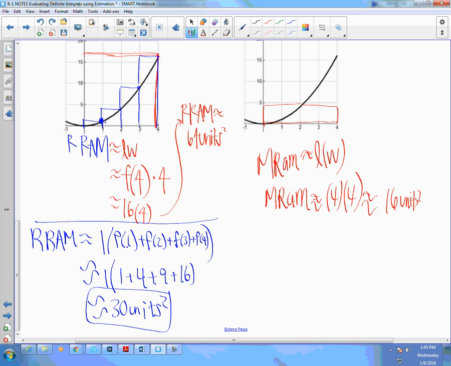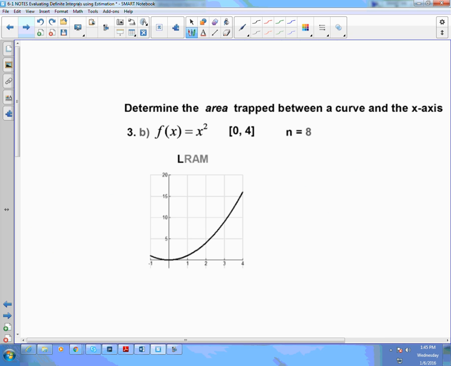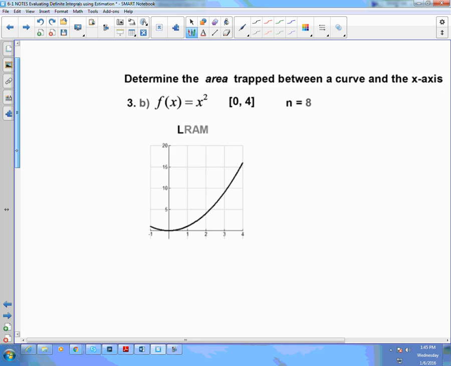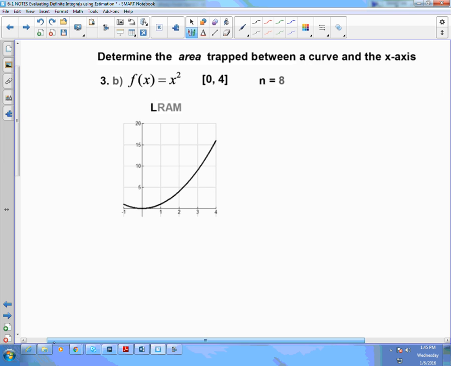Same with this one. If we went through and did middle again, is it going to be closer to the actual estimate? Yeah. How many rectangles do we have this time? 8.